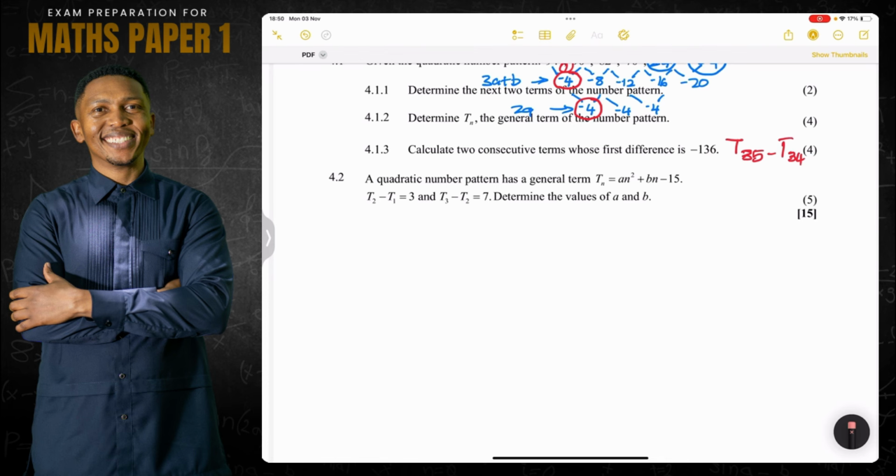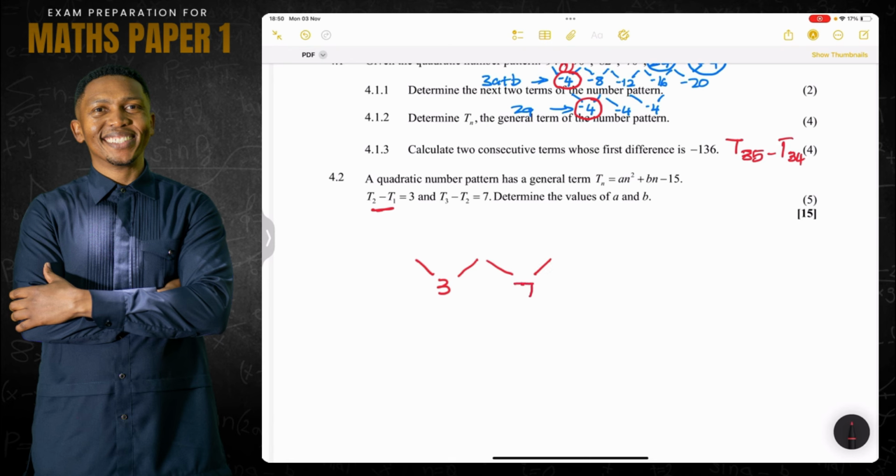Determine the values of a and b. Now note, they've given us the first difference of our terms. So our first difference is going to be 3, and this is going to be 7.